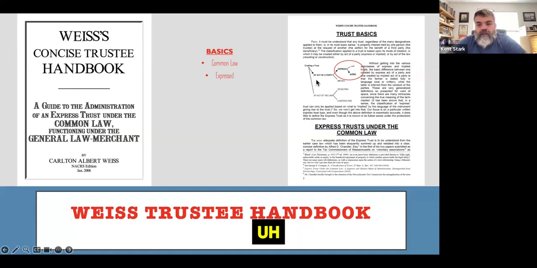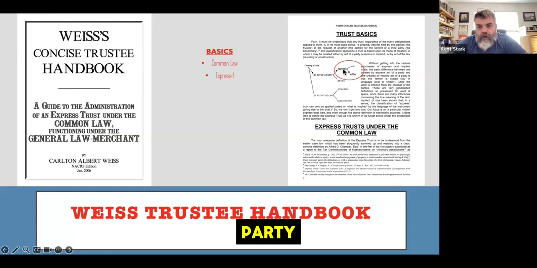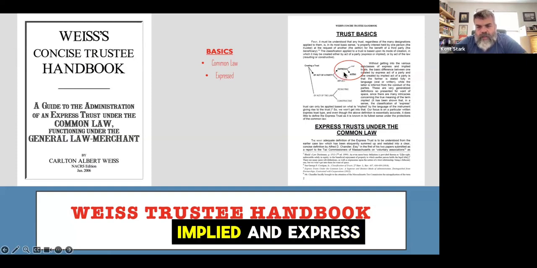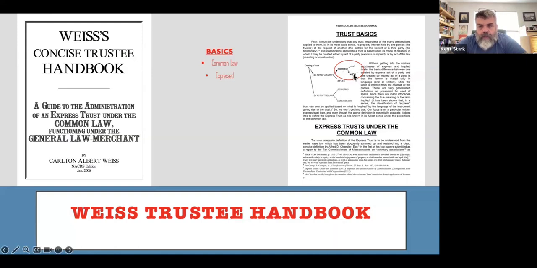As you can see here, creating a trust is by the act of a party or by the act of law. We're going in this direction, which is the act of the party. Then there's implied and express. A Social Security trust is an implied trust, and the express trust is either oral or written.